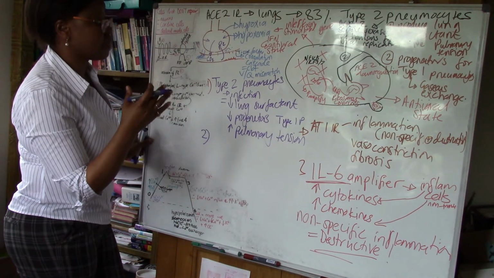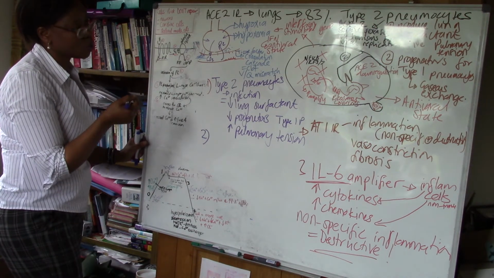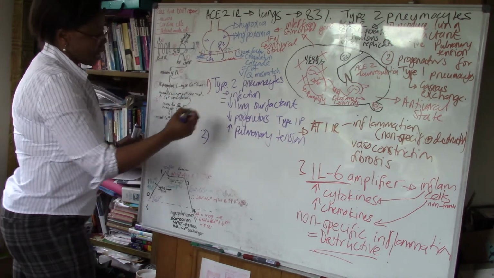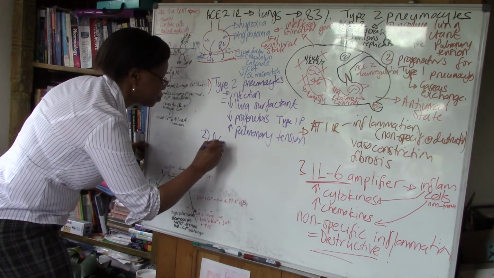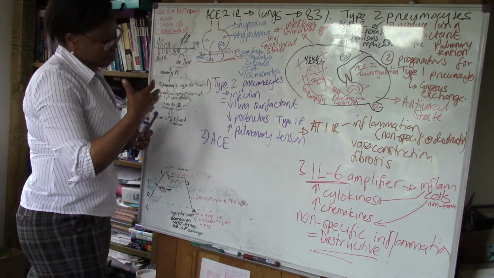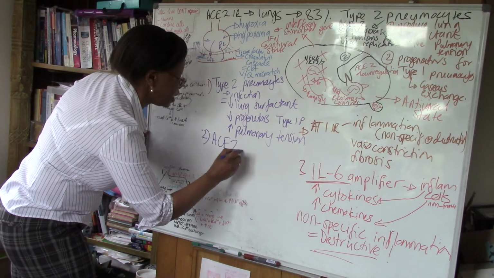But the interesting thing from a molecular biology point of view is that it has also been discovered that human beings in general express ACE in varying concentrations. For example, ACE2.